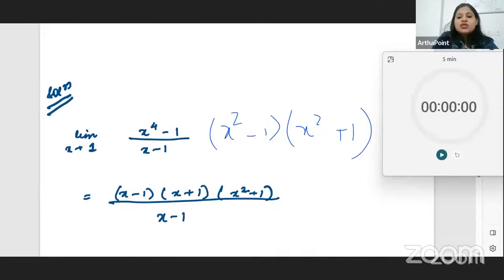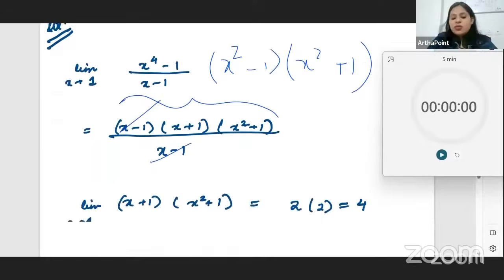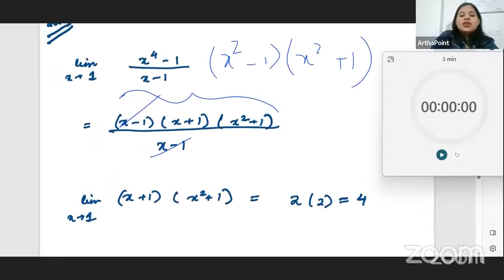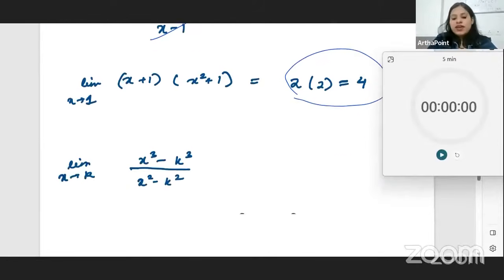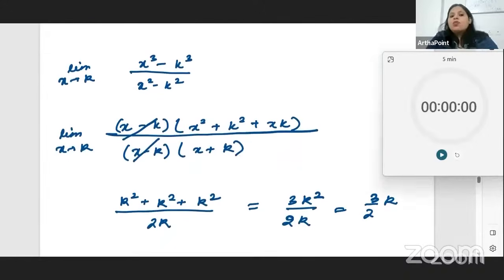This is my numerator divided by x minus 1, so this gets cancelled out. Now if I apply the limit and put x equal to 1, I will get 1 plus 1, which is 2, into 2. So the answer will be 4. So the left side becomes 4. Now let's look at the right-hand side. To solve the right-hand side, x cube minus k cube is coming in the numerator.